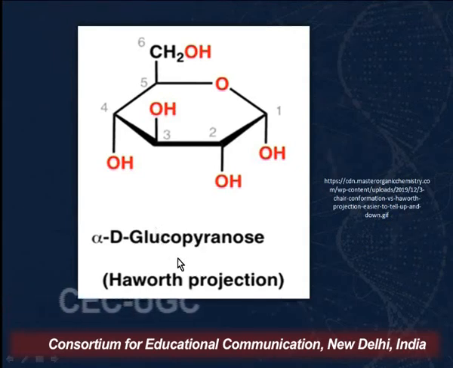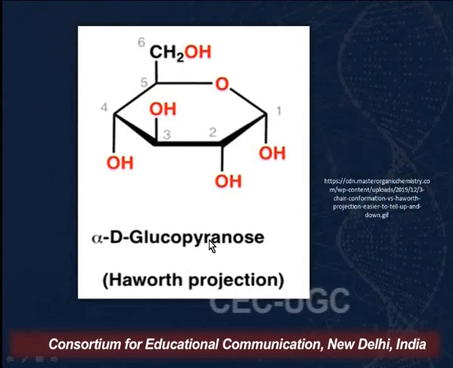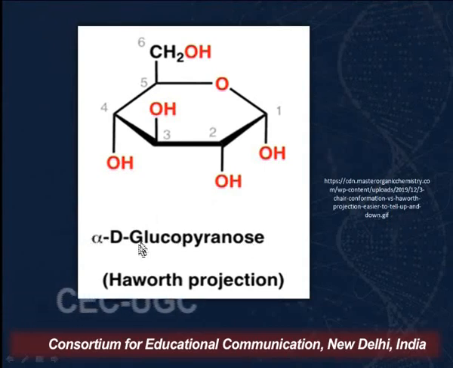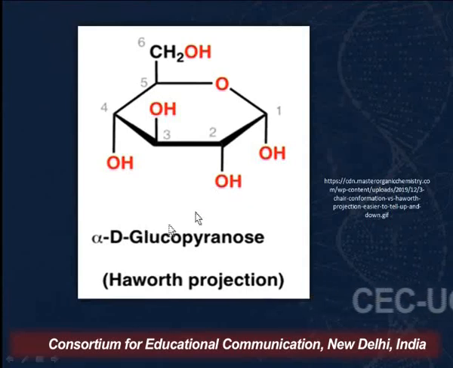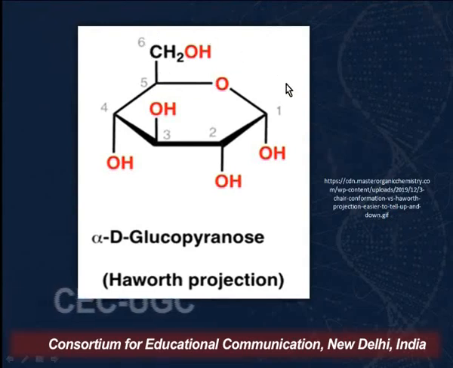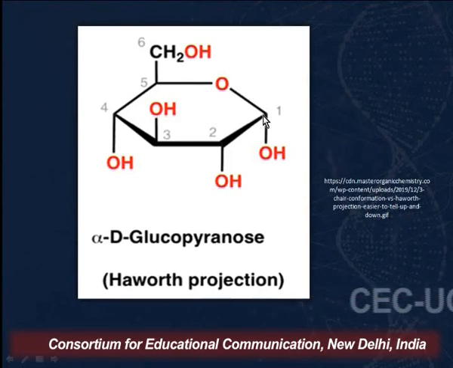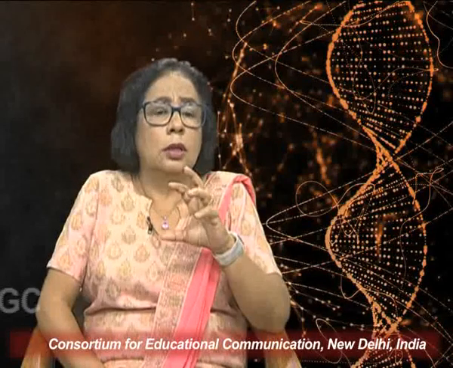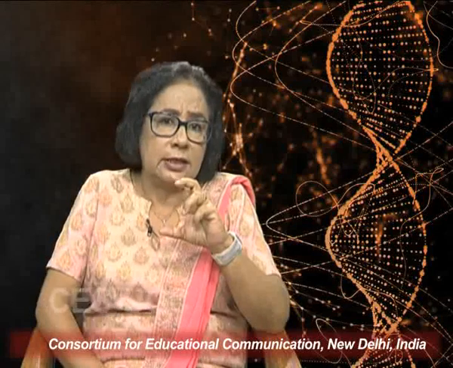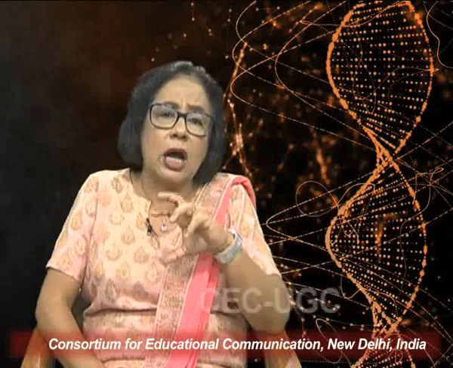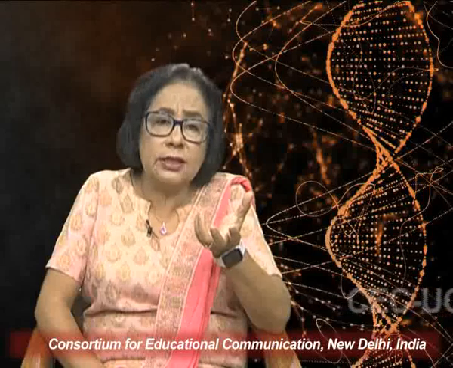Because it is a cyclic structure of glucose; pyran because it has the basic ring structure of pyran; ose because it's a carbohydrate; D because the configuration at the highest numbered chiral carbon has the OH on the right hand side; and alpha because the primary hydroxyl group and the OH are on opposite sides of the plane of the ring.